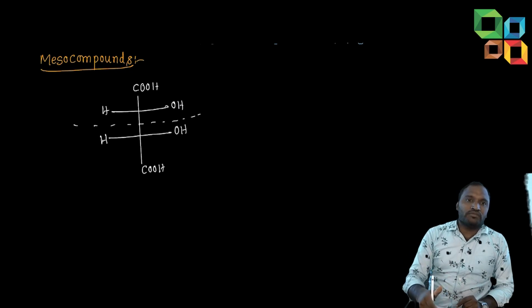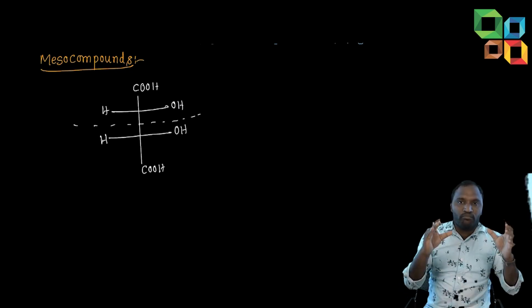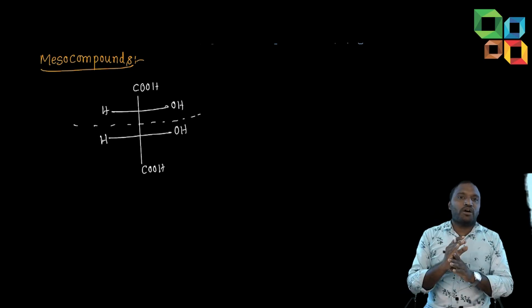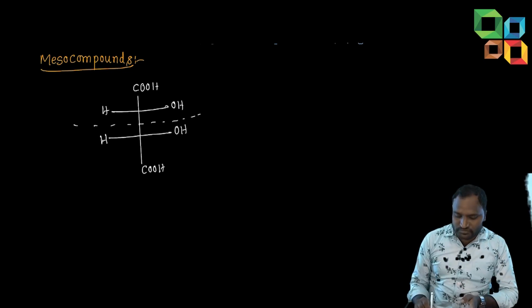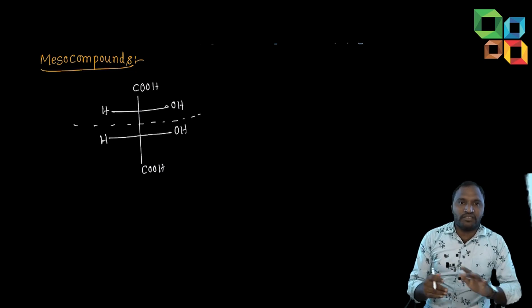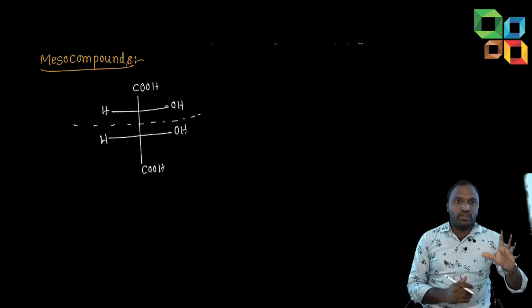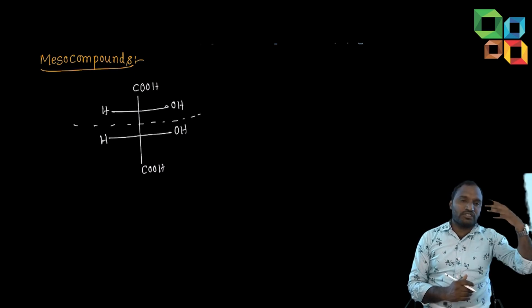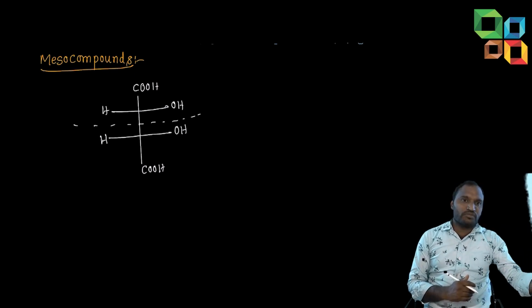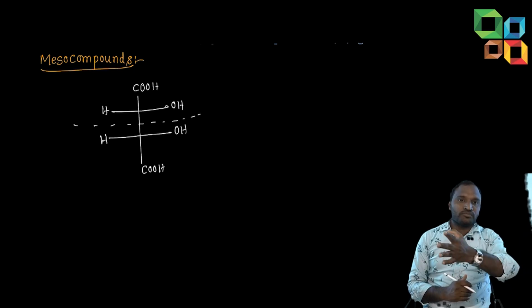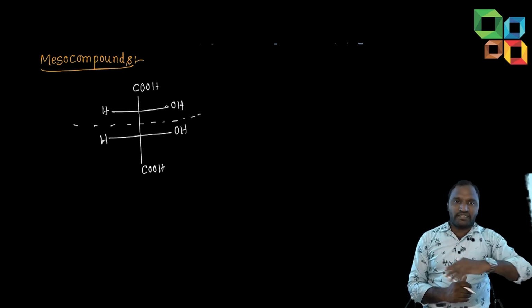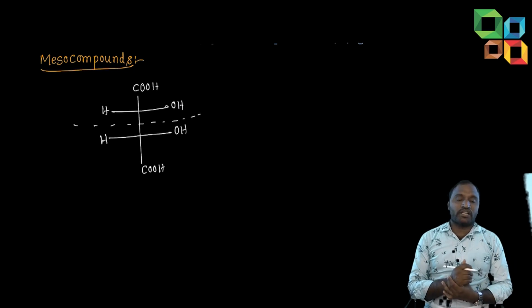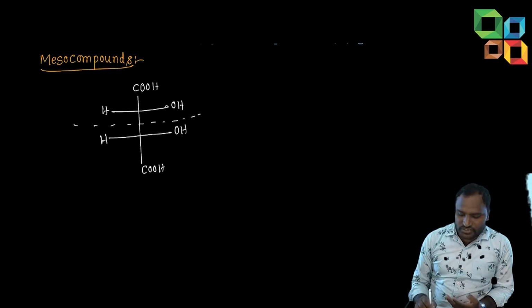Meso compound, there is a plane of symmetry. These are the main three types of optical stereoisomers. One particular compound, we can write in these three ways. If one compound gives 5 isomers, then there will be a division like 2 enantiomers, 2 diastereomers, 1 meso compound. These are the types of stereoisomers.